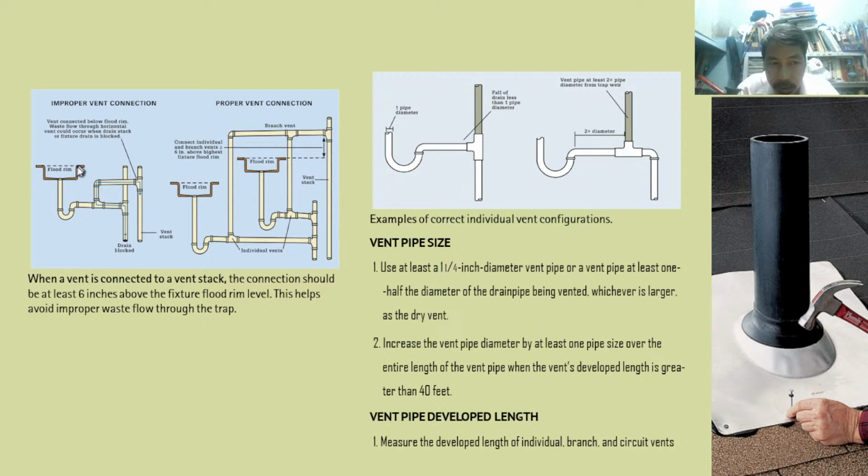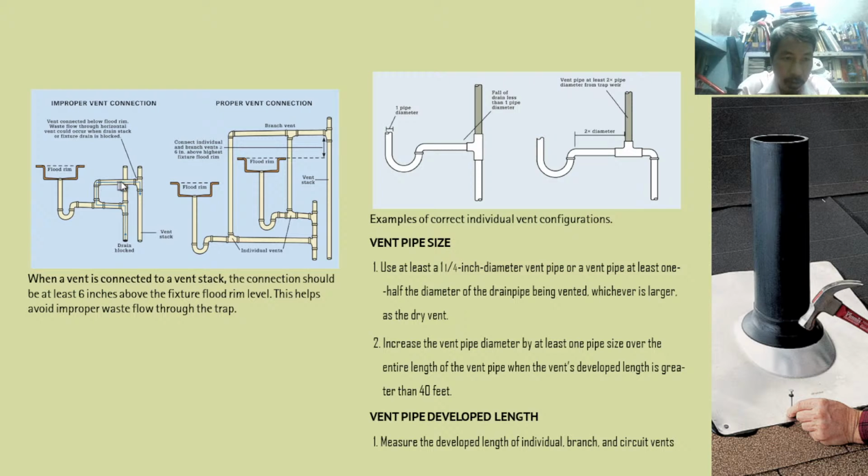So the kitchen sink flood rim level, this is the rim of the kitchen sink. So that must be the flood rim level because this is the rim. So this branch bend must be placed above this flood rim level, 6 inches above. So this is wrong. This is a wrong connection.